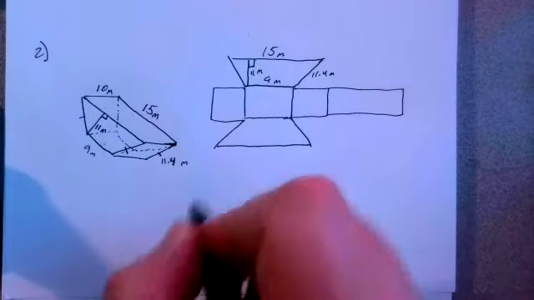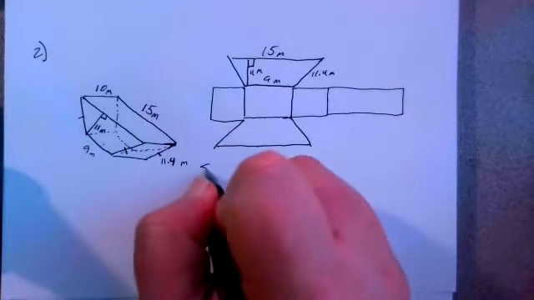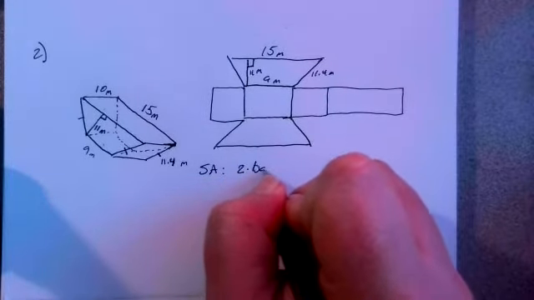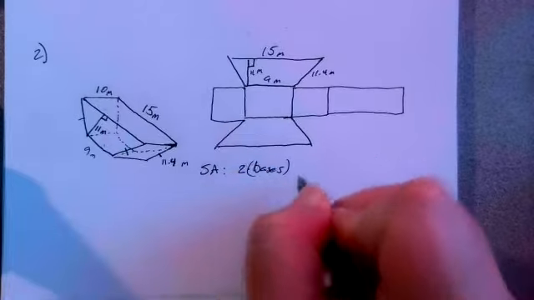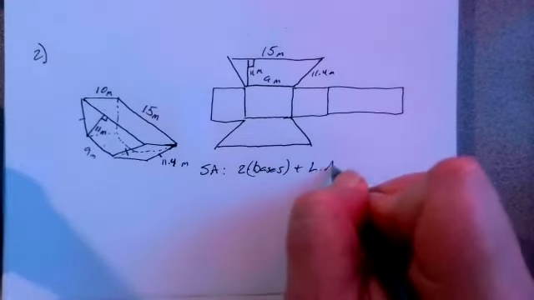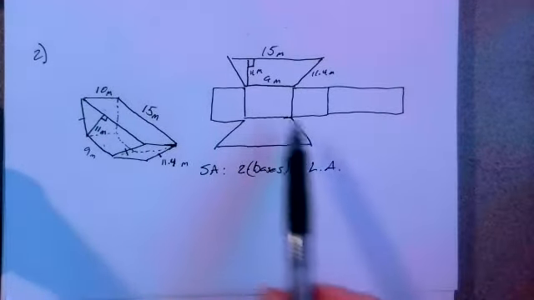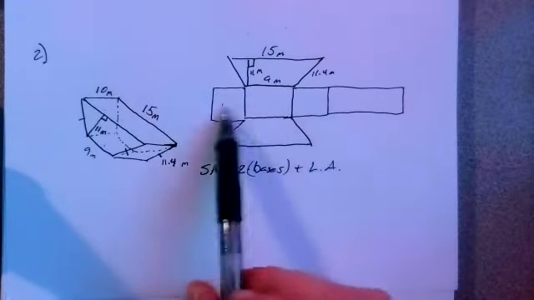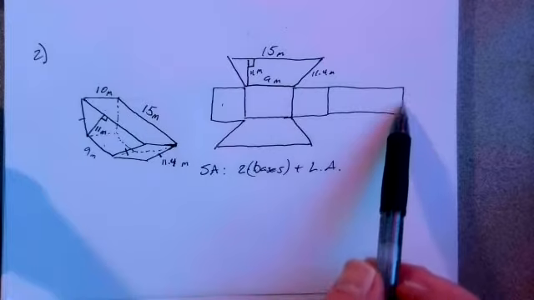So remember surface area. Surface area is 2 times my bases plus my lateral area. The lateral area here is these 4 rectangles. And what's really nice about these 4 rectangles is they all have the same width.